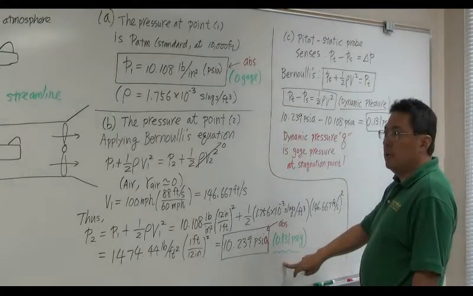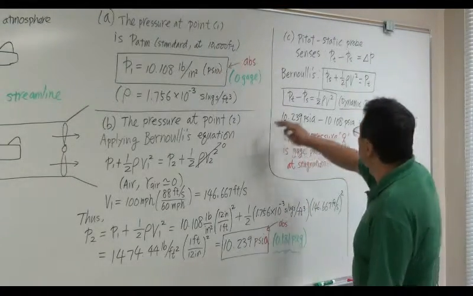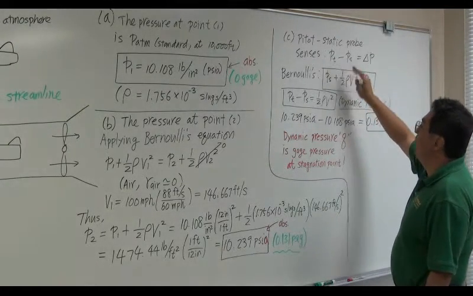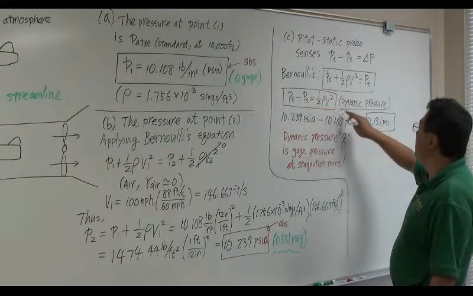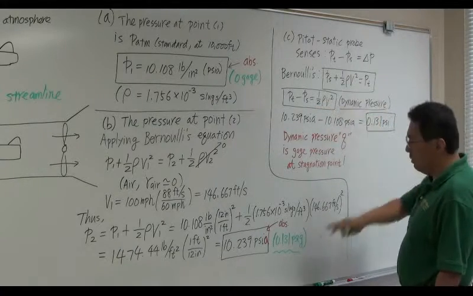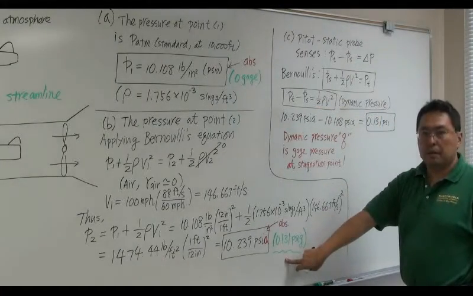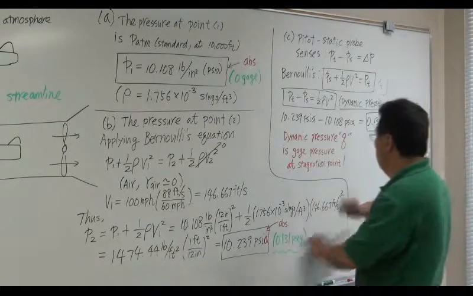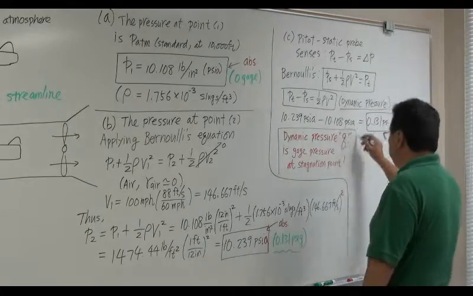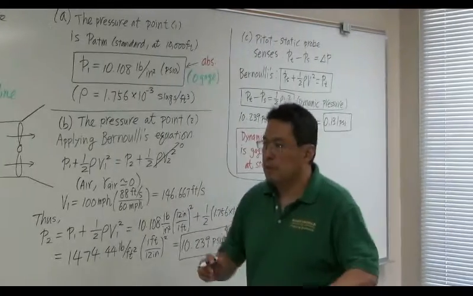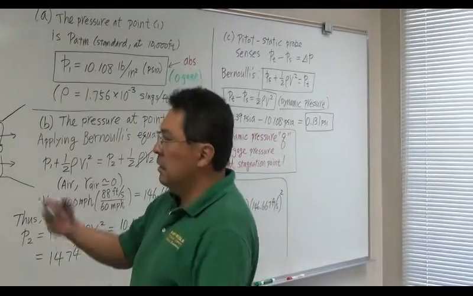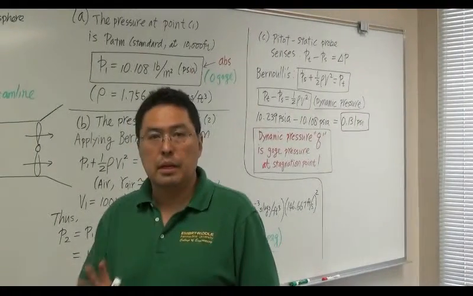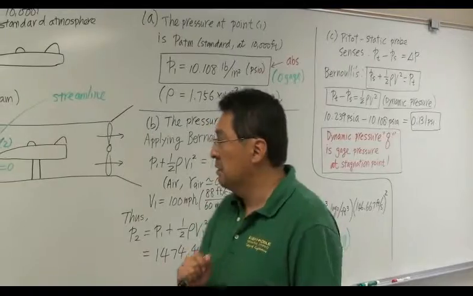Then you really need to understand that the pitot-static probe determines the pressure difference between total and static, which is called dynamic pressure, which is also equal to the gauge pressure at the stagnation point. Okay? So familiarize yourself with lots of different expressions of the pressures. It's very important in the aerodynamics class later on.